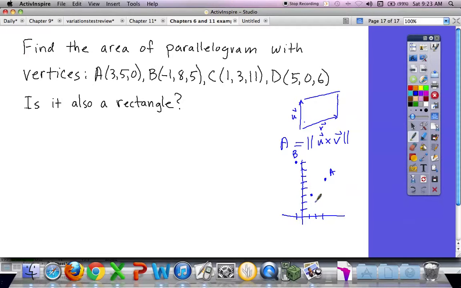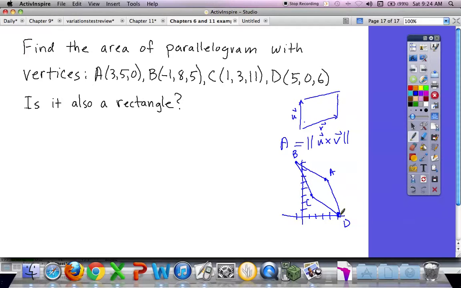And D is 5, 0. Okay, so that's our C and that's our D. And so I can see that if I was drawing a shape like this, it would look something like that.